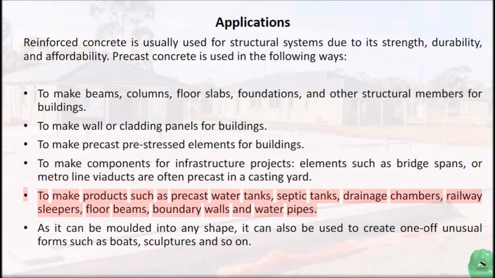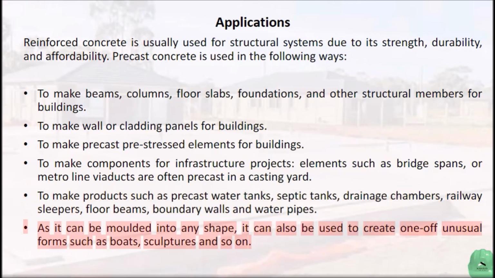To make products such as precast water tanks, septic tanks, drainage chambers, railway sleepers, floor beams, boundary walls, and water pipes. As it can be molded into any shape, it can also be used to create one-off unusual forms such as boats, sculptures and so on.